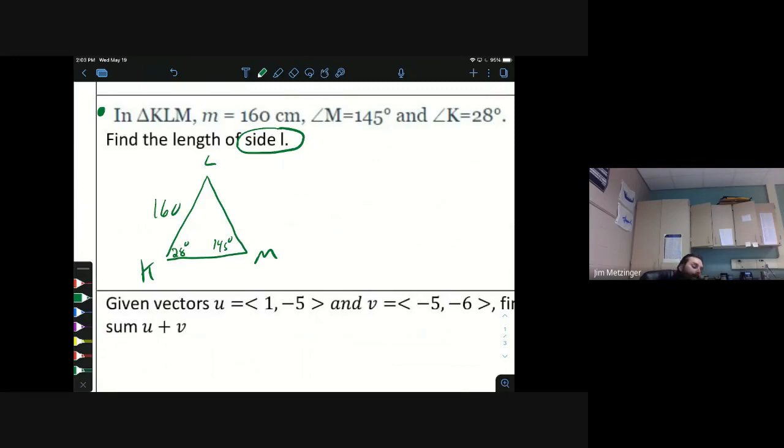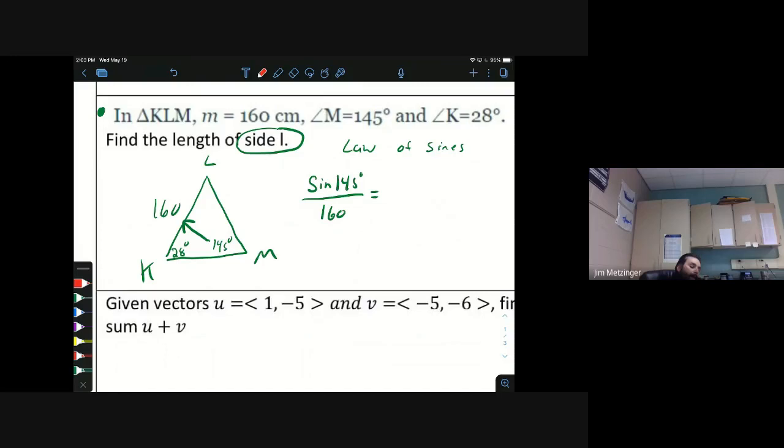Well, we do have the measure of an angle and the length of its opposite side, so this is a candidate for law of sines. Law of sines says that inside a triangle, the sine of an angle divided by the measure of its opposite side produces a ratio that is consistent among all sides and angles within the triangle.